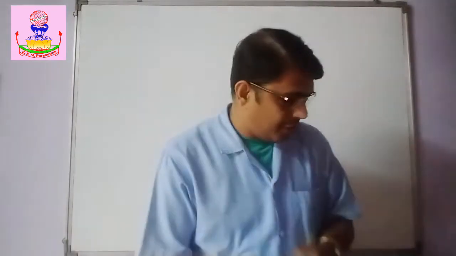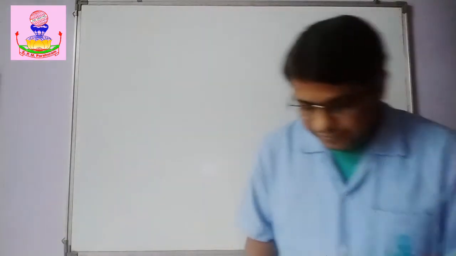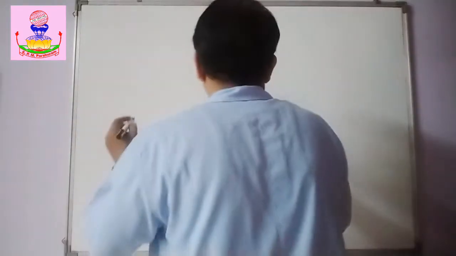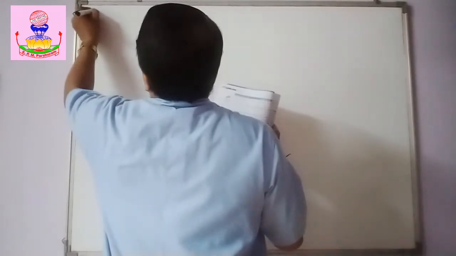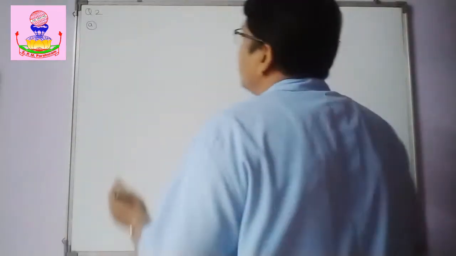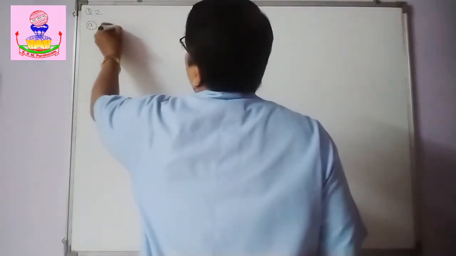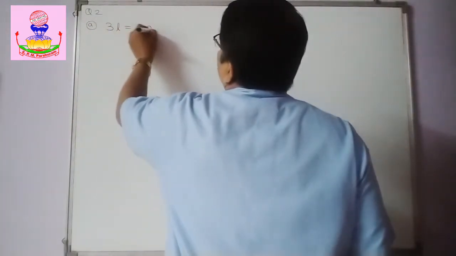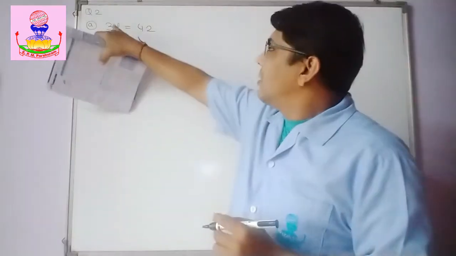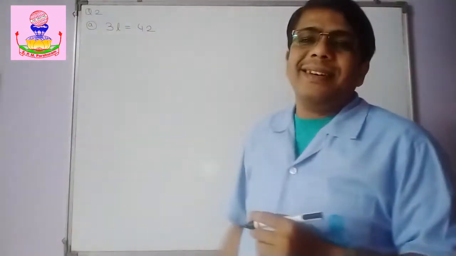Okay, so I am going to solve question 2a. 3L is equal to 42. Now, here, what is the sign between 3 and L?